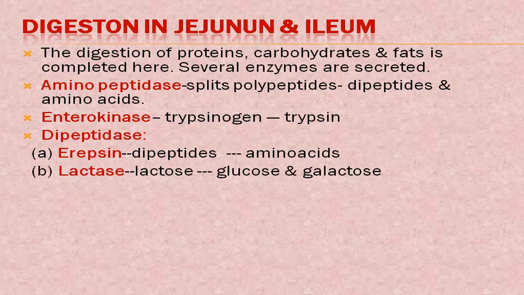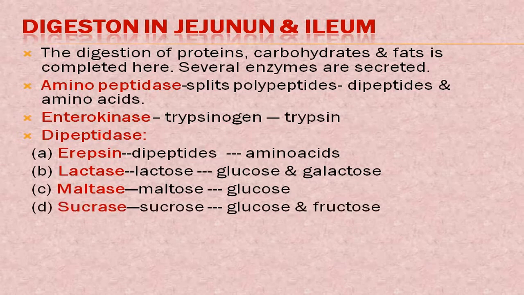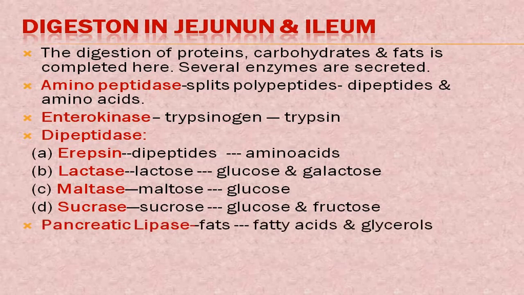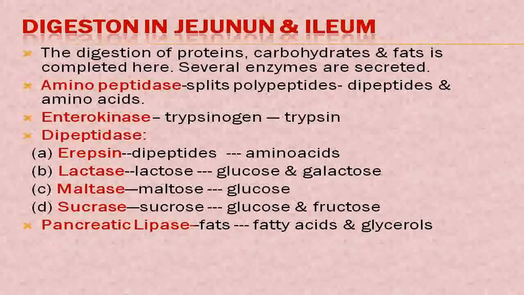Lactase converts lactose into glucose and galactose. Maltase converts maltose into glucose components. Sucrase converts sucrose into glucose and fructose. Then pancreatic lipase converts or breaks down fats into fatty acids and glycerol.